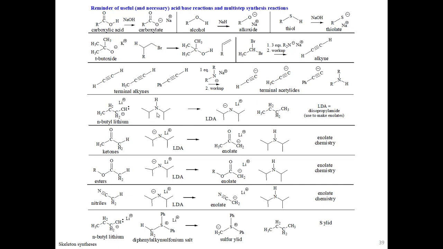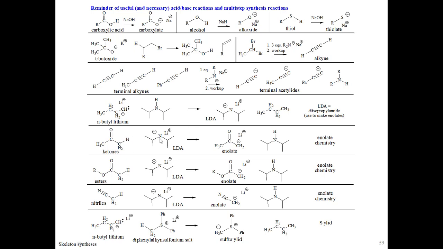This is our dialkyl amide that we're making. Sometimes I have students make this, but not in our course. So in our course, you're just given, I just write this as 2 R groups. It's pretty famous. It's called LDA, lithium diisopropylamide. But in our course, we just call it dialkyl amides. And so we use this to either take off this proton here, or we use it to make enolates.